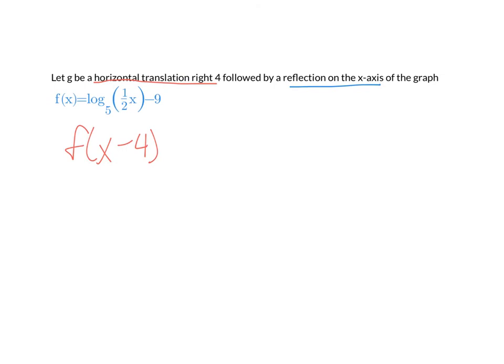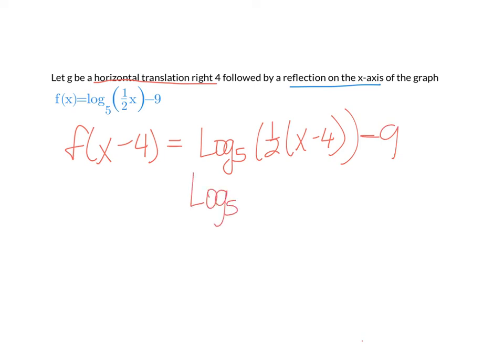And when I do that, it has to multiply: log base 5 of 1/2 times x minus 4. That 1/2 multiplies to the translation, and then minus 9. So then we get log base 5 of 1/2 x minus 2 minus 9.